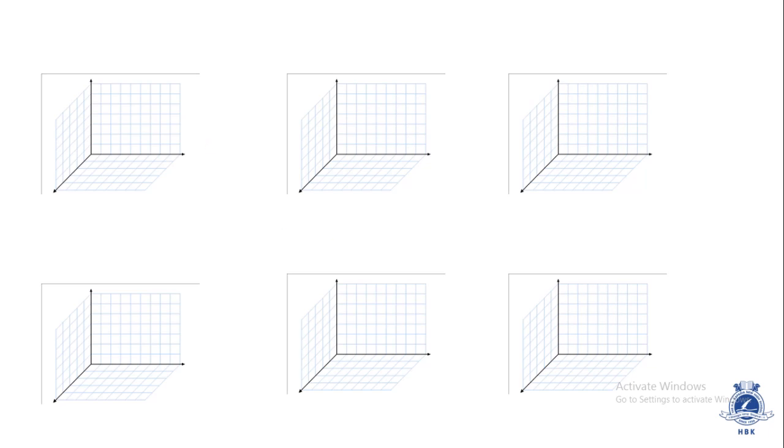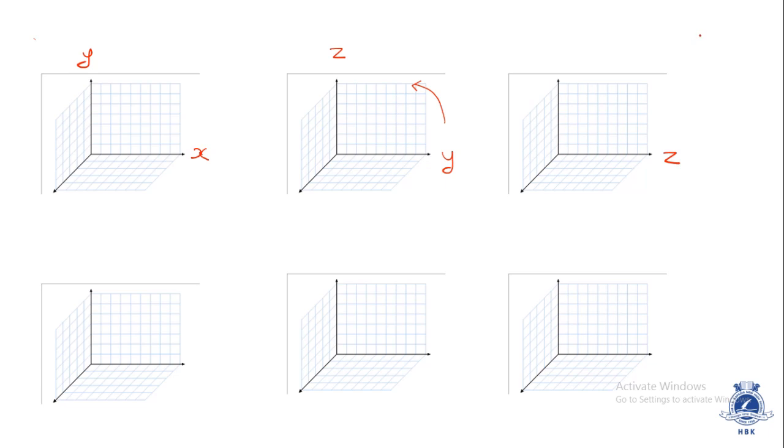If this is the x-axis, then in counterclockwise direction this will be the y-axis. And if this is the y-axis, then again in counterclockwise direction you take the z-axis, because after y comes z. Again, if this is the z-axis, what comes after z?